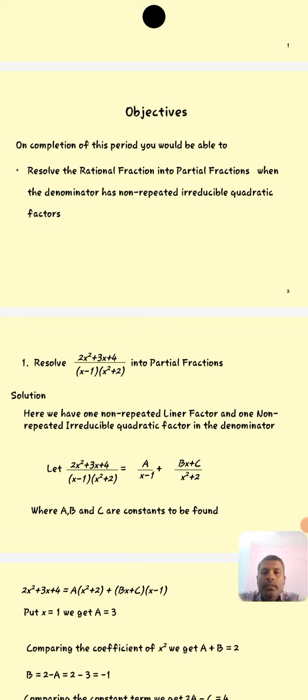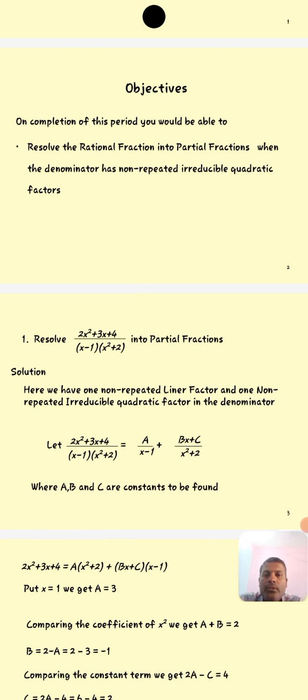Here we have one non-repeated linear factor, x minus 1, and a non-repeated irreducible quadratic factor in the denominator. Observe the numerator and denominator once again: 2x square plus 3x plus 4 and x minus 1 into x square plus 2.